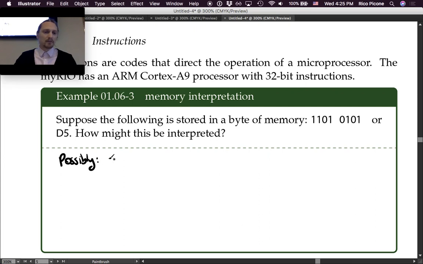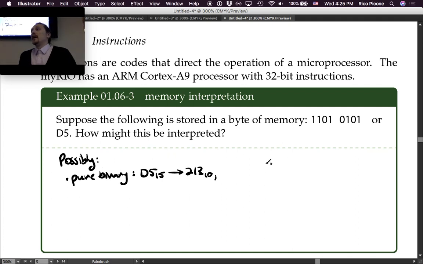possibly, it could be just a pure binary number, which would mean that if we were to represent it in base 10, it would be 213.